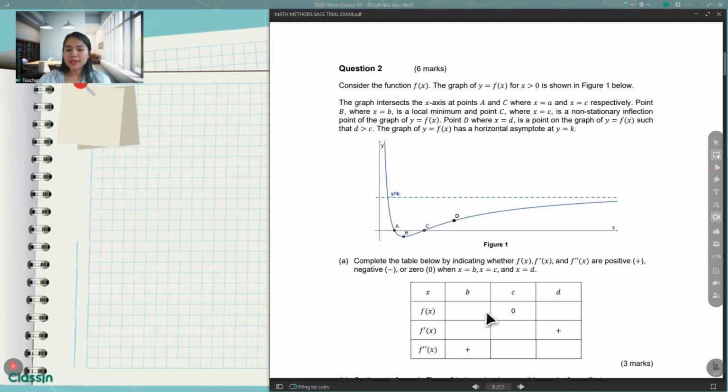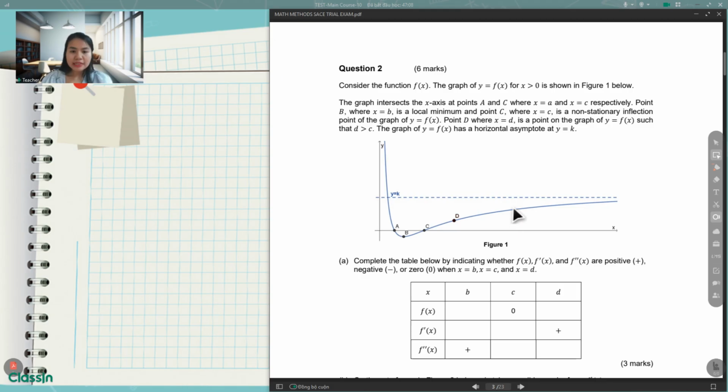So to determine the sign of f(x), we take a look at the point on the graph. If we are given the graph of y equals f(x), then f(x) is just the y-coordinate of the point. If the point is below the x-axis, the y-coordinate is negative, and if the point is above the x-axis, the y-coordinate is positive.